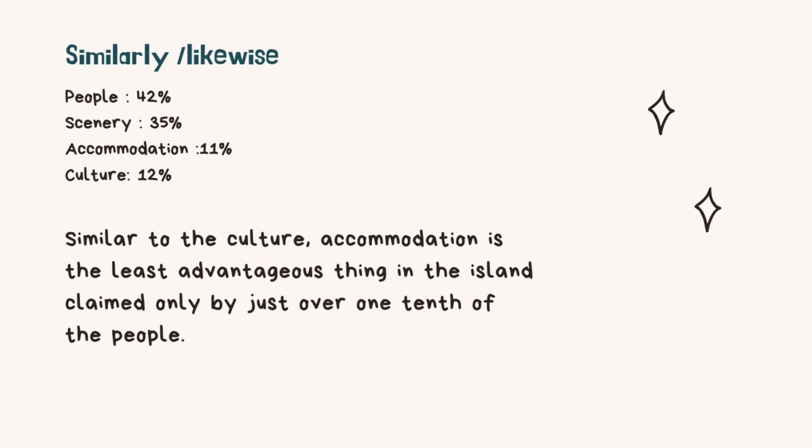Or I can use similarly, accommodation is the least advantageous thing in the island, claimed only by just over one-tenth of the people. Well, okay, the example similar to the culture will make sense if we pay attention to the previous sentence.